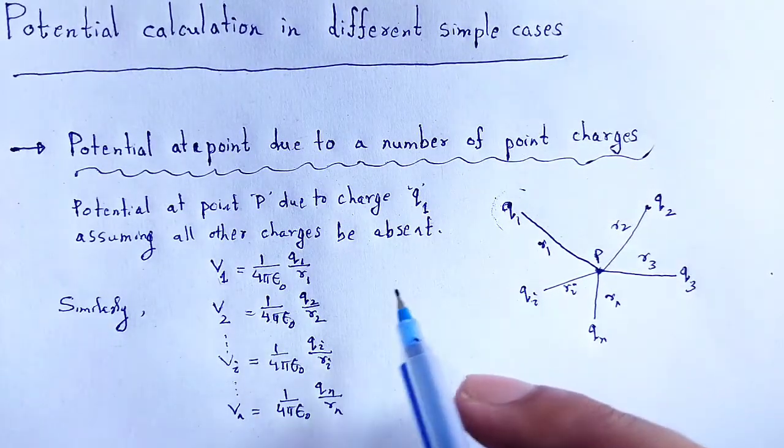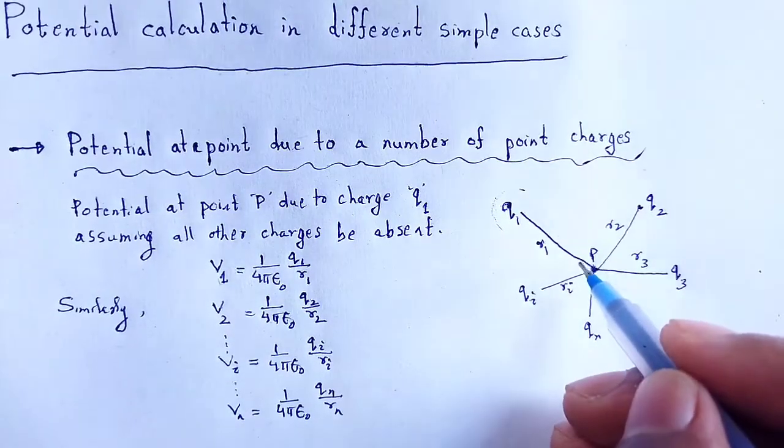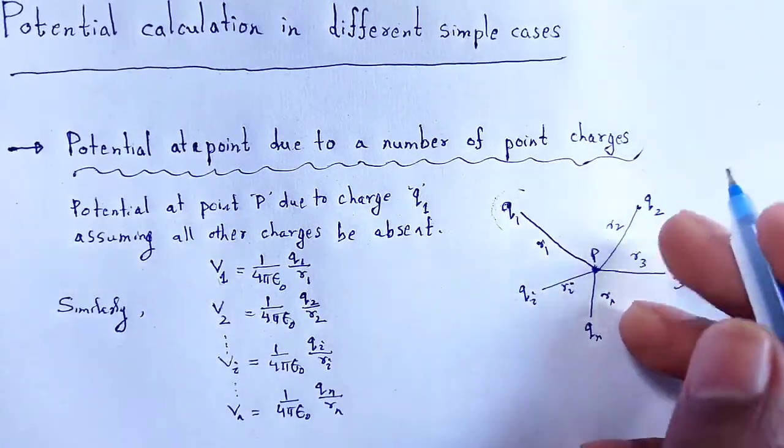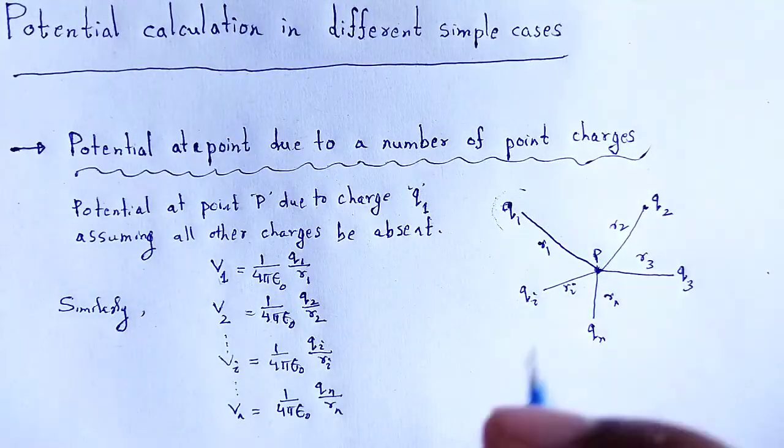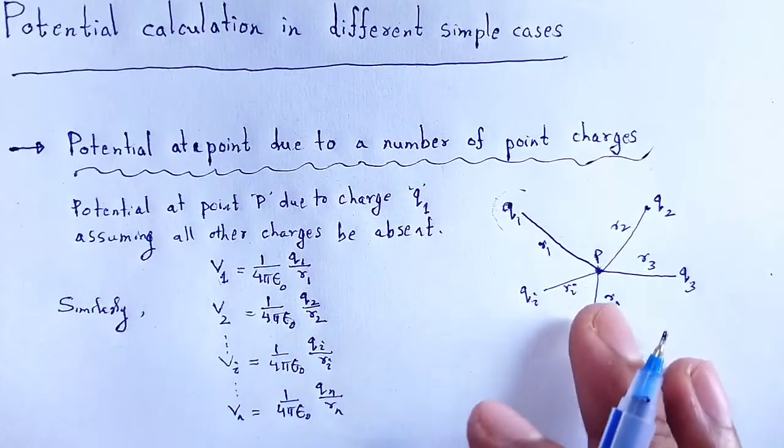Now for the total potential at point P due to the charges Q1, Q2, Q3 up to Qn, we have to add these potentials.